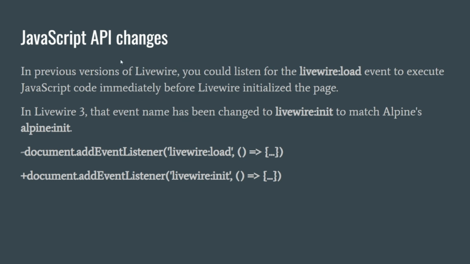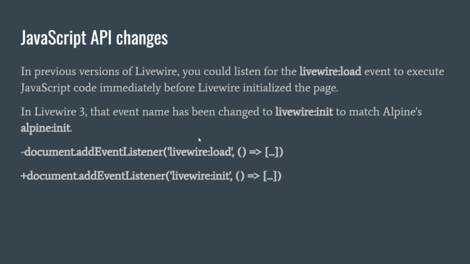The other changes are with JavaScript API changes. In previous versions of Livewire, you could listen for the livewire:load event to execute JavaScript code immediately before Livewire initialized the page. In Livewire 3, that event name has been changed to livewire:init to match Alpine init.